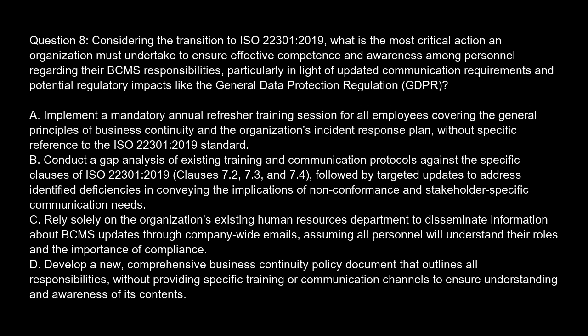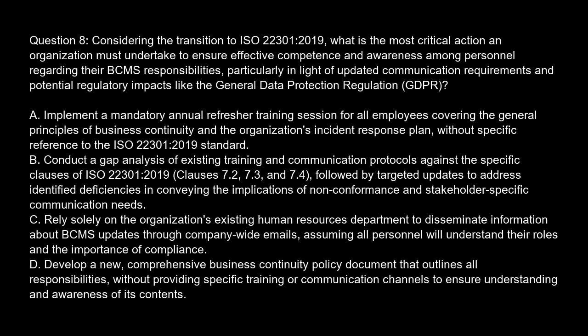22301-2019 standard. Option B. Conduct a gap analysis of existing training and communication protocols against the specific clauses of ISO 22301-2019, clauses 7.2, 7.3, and 7.4, followed by targeted updates to address identified deficiencies in conveying the implications of nonconformance and stakeholder-specific communication needs.